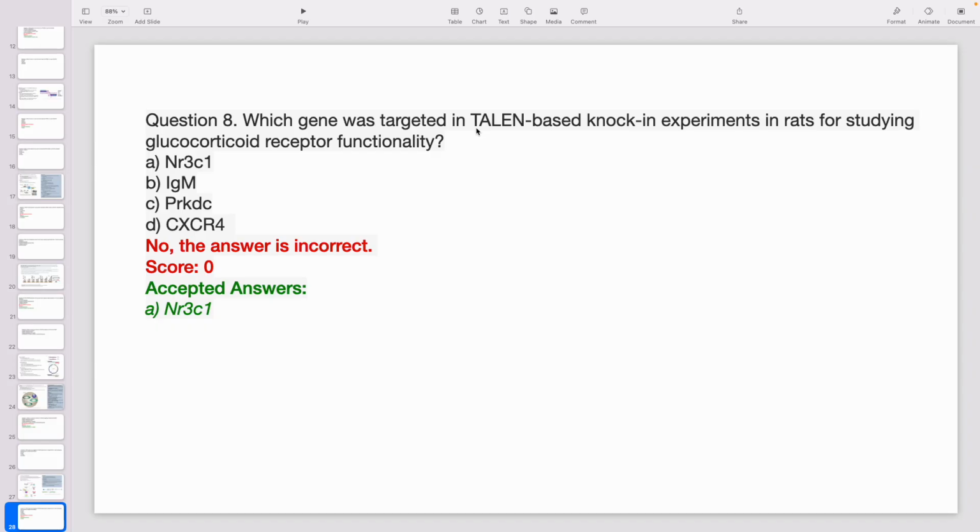So the correct option for this question is NR3C1. The basic idea here is, first you need to determine the target sequence and make the TAL effector protein based on it.